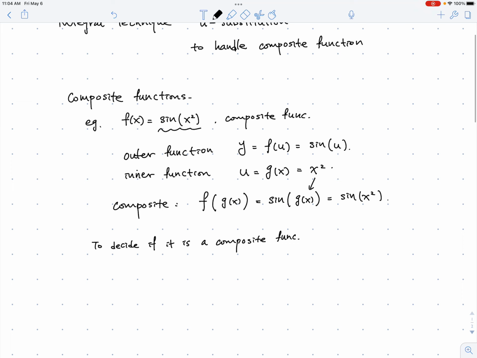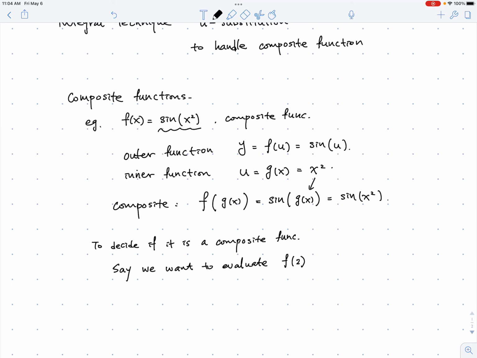For example, let's say we want to evaluate f of 2.